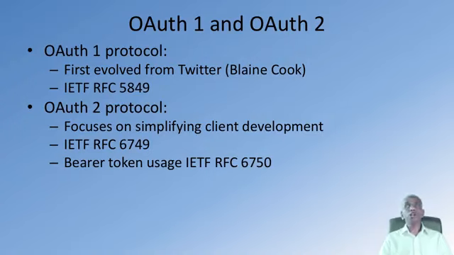The OAuth 2 protocol evolved from OAuth 1 to make it simpler and to provide a simpler way for client development. This is documented in IETF RFC 6749. And thereafter, bearer token usage came about in IETF RFC 6750.